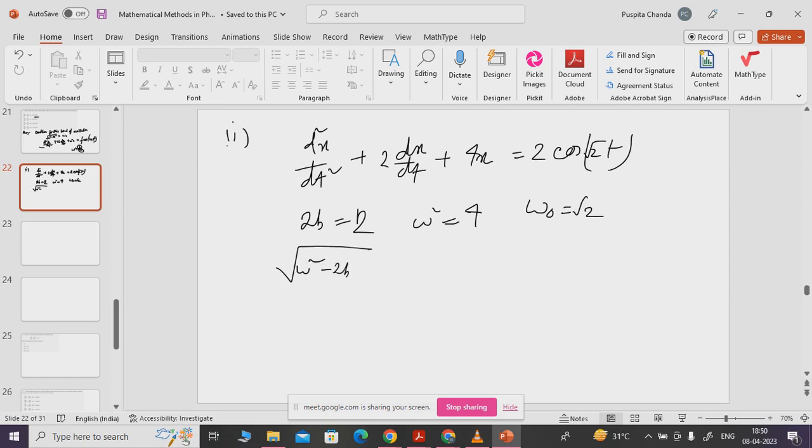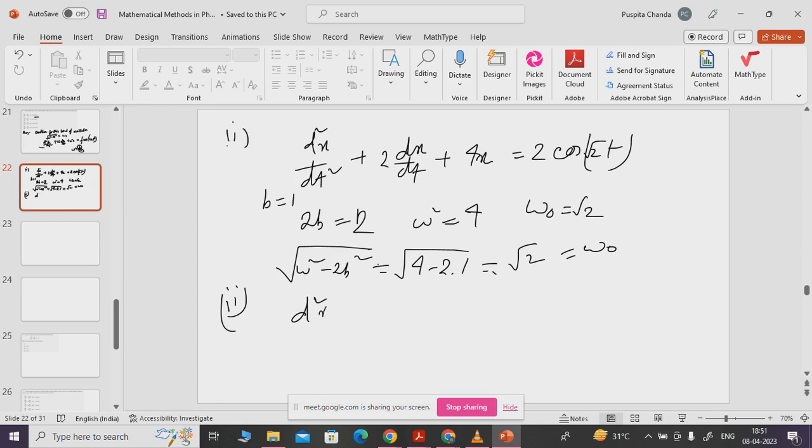Let us see what is omega square minus 2b square. So b is equal to 1. Omega square is 4 minus 2 into 1, which is 2, root of which is root 2, which is equal to omega naught. So this is the resonant condition, and this equation satisfies it.